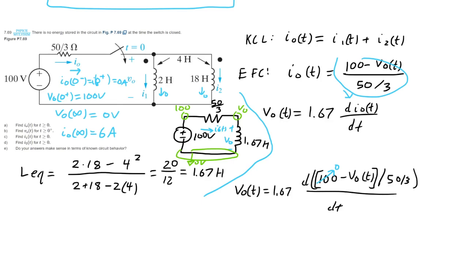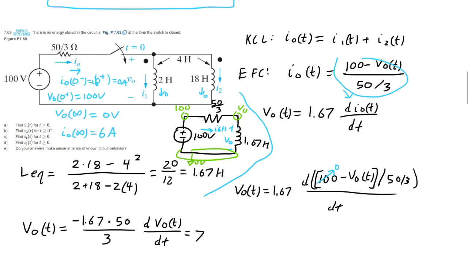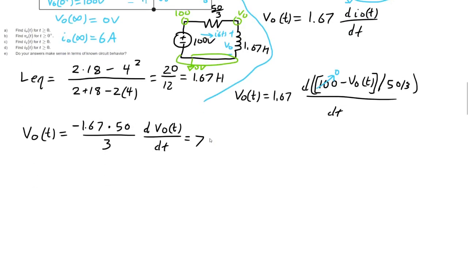I'm going to pull the 50 over 3 out. VOT is going to be 1.67 times 50 over 3, and it's going to be minus dVOT dt. Just using derivative rules to make it simpler. The linearity property, I believe. Anyway, so let me find out what 1.67 times 50 is.